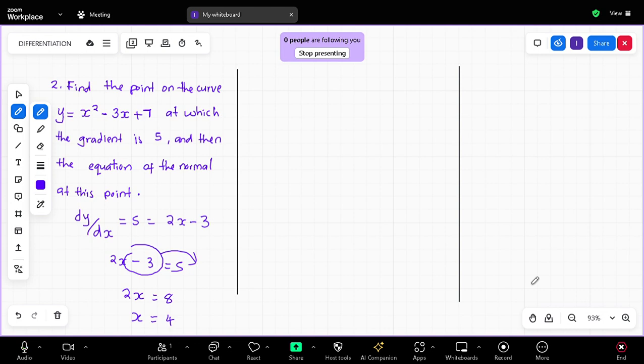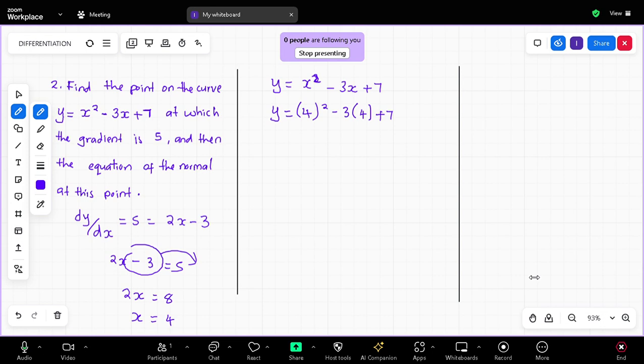Now, if the value of x is equal to 4, we need to find the corresponding value of y. The function y equal to x squared minus 3x plus 7. So y equal to 4 squared minus 3 times 4 plus 7.